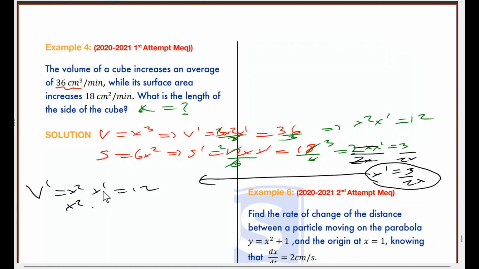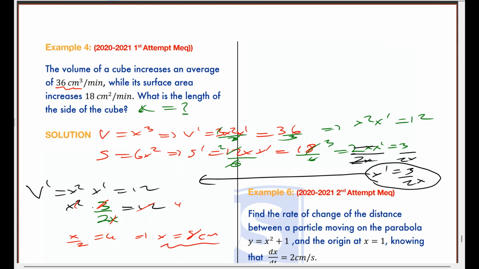So in place of x prime, we will write 3 over 2x equals 12. Now we can simplify x's. We can simplify 3 and 12. Here we have 4. So I have x over 2 equals 4, cross multiply, x is equal to 8. What is the unit? Centimeter.